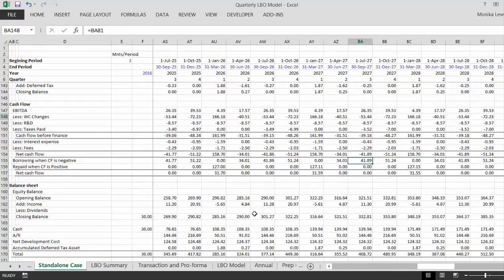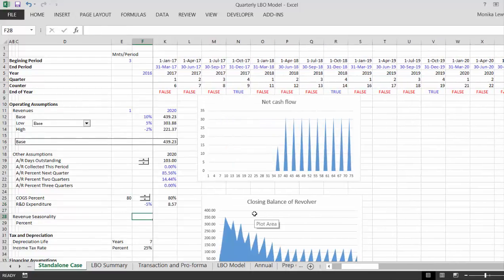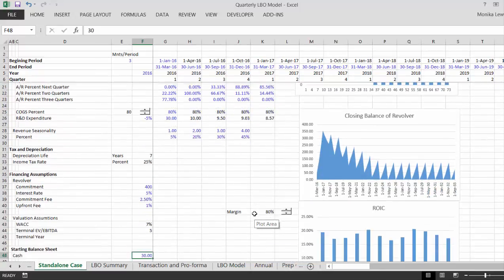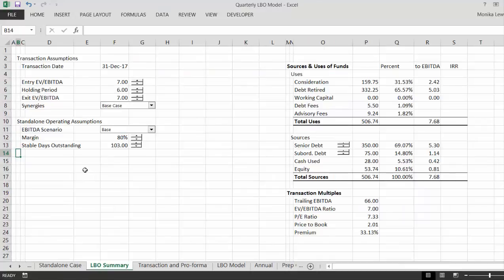So this is what I kept emphasizing is a really good way to look at the models, and I hadn't really done it in our model. So we can take that return on invested capital. I might even, and I don't know where it's going to appear, put it on our summary sheet. Okay.